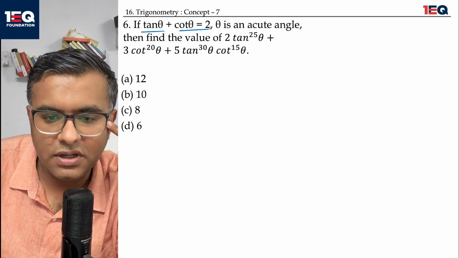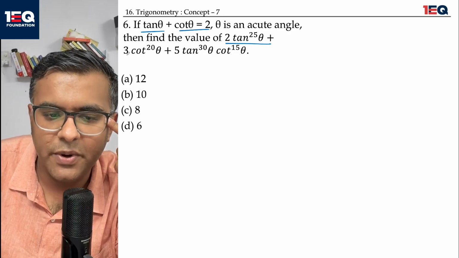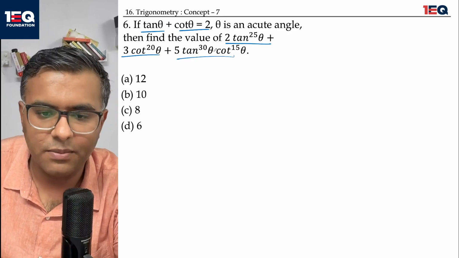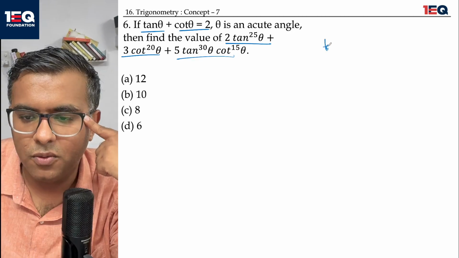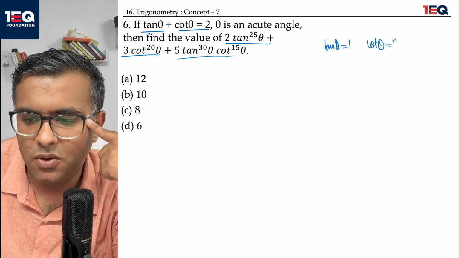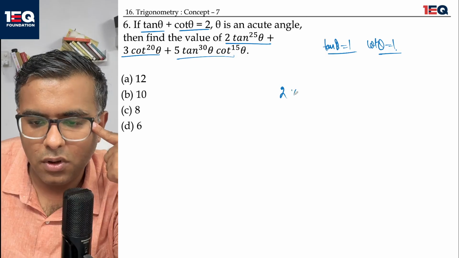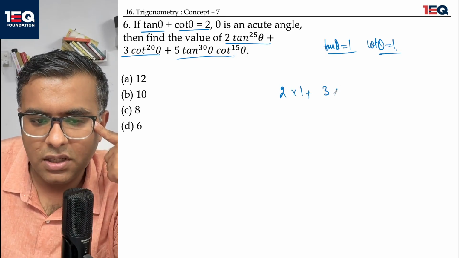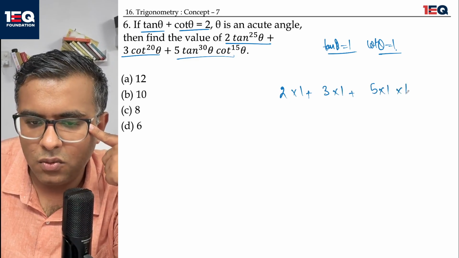Tan theta plus cot theta is 2. Theta is an acute angle. Then find the value of 2 tan raised to the power 25 theta plus 3 cot raised to the power 20 theta plus 5 and so on. If tan theta plus cot theta is equal to 2, then I can say that tan theta is equal to 1 and cot theta is also equal to 1. Using the same values across the entire question, 2 into 1 plus 3 into 1 plus 5 into 1 into 1.